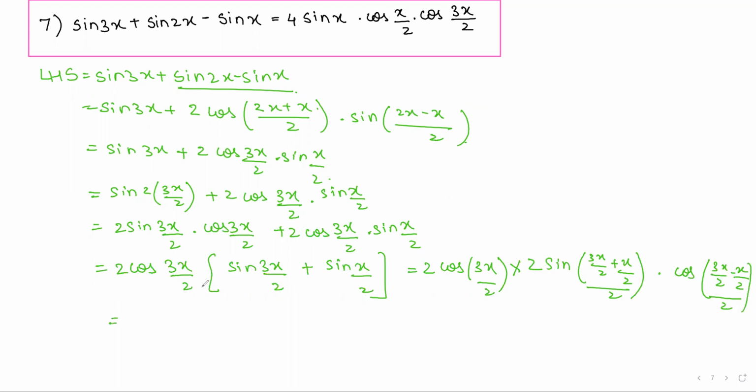This is equal to 2 into 2 is 4 cos 3x by 2 into sine of 3x by 2 plus x by 2 is 4x by 2, which is 2x, 2x divided by 2 is x, sine x into cos of 3x by 2 minus x by 2 is 2x by 2, which is x, whole upon 2 is x by 2. This is your RHS.